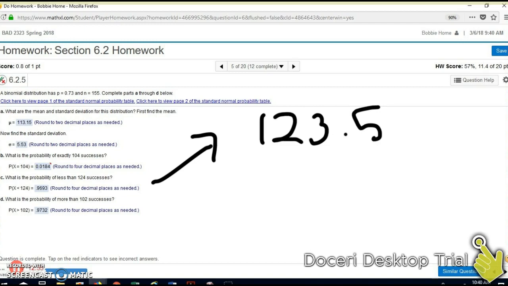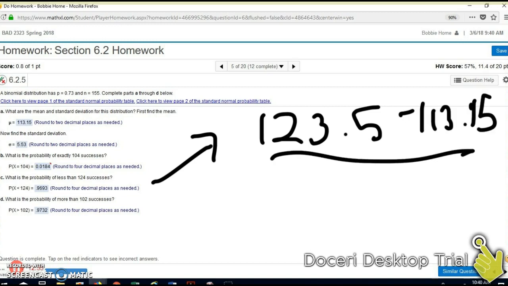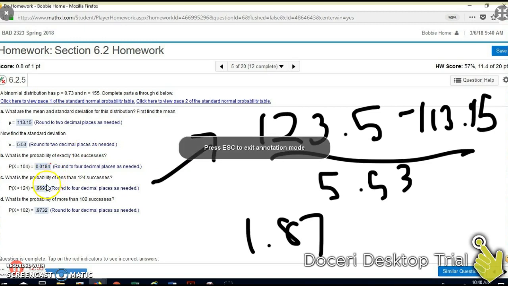We don't want it to include 124. So you have to do that divided by 5.53. Now I found my note on that. So you get 1.87. And then if you look that up in the table, 1.87, you would get 0.9693.